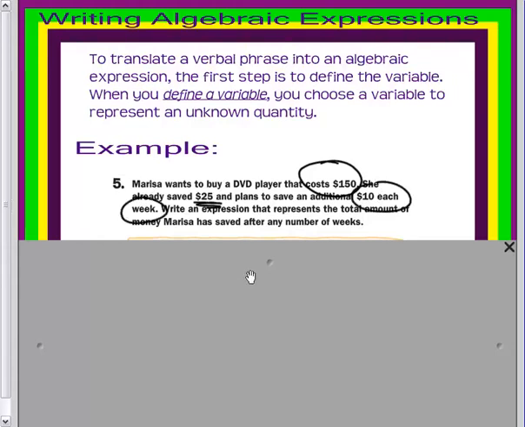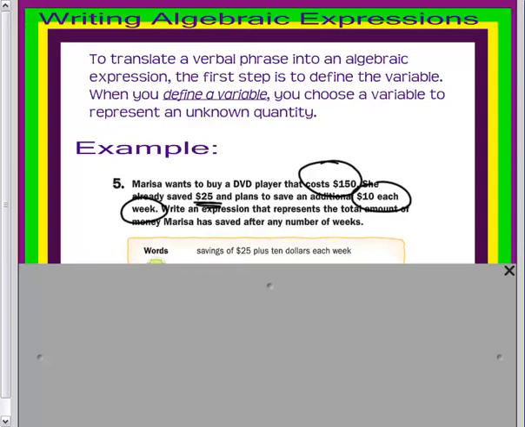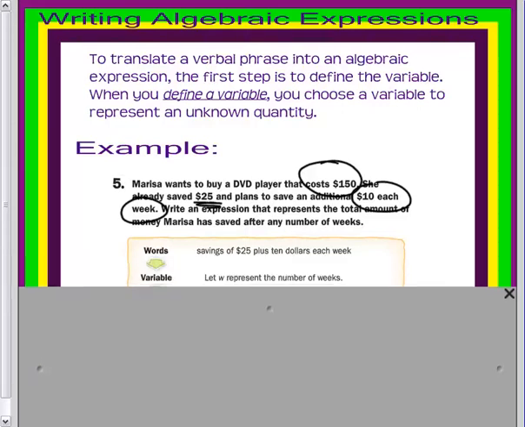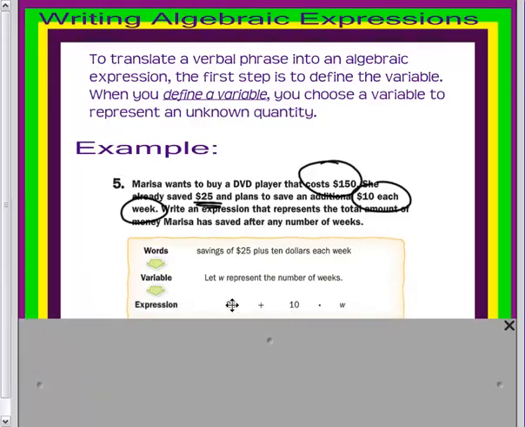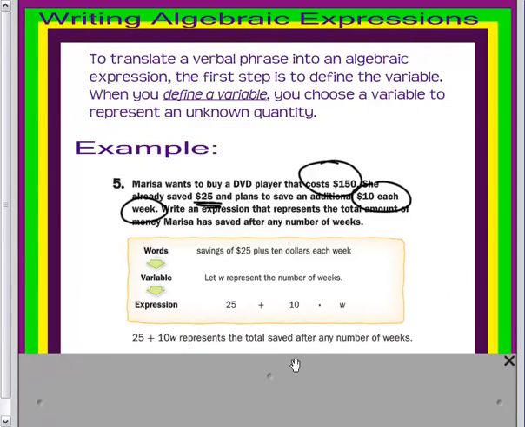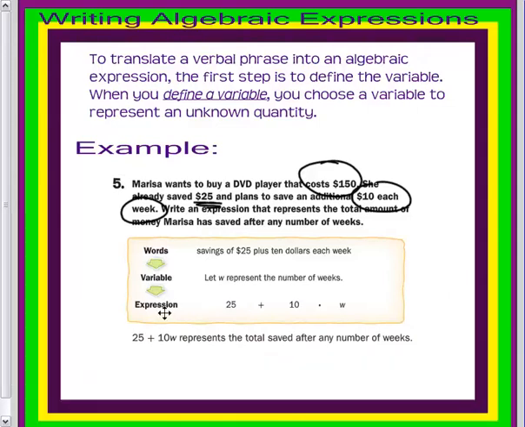Write an expression that represents this situation, to see how much Marissa saved after any number of weeks. Okay, so we know the DVD player costs the $150. She has a savings of $25 plus $10 per week. So let's let W represent the weeks. So we have $25 already plus 10 times W. So this represents the total number saved after any number of weeks. Okay?